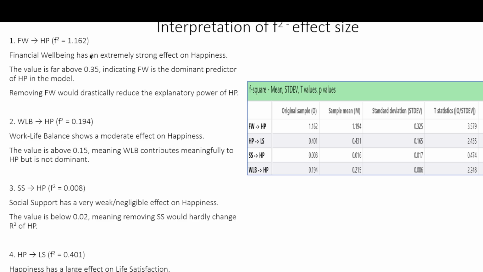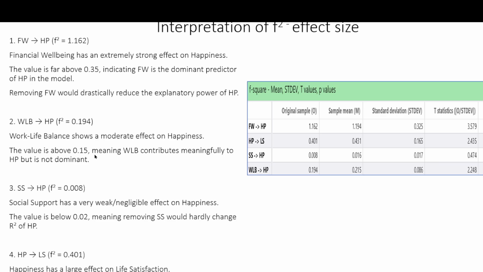FW to HP, F square is 1.162. So this indicates an extremely strong effect on happiness. The value is far above 0.35, indicating FW is a dominant predictor of HP in the model, and removing FW would drastically reduce the explanatory power for HP. Now, the effect size of WLB to HP is 0.194. Work-life balance shows a moderate effect on happiness.